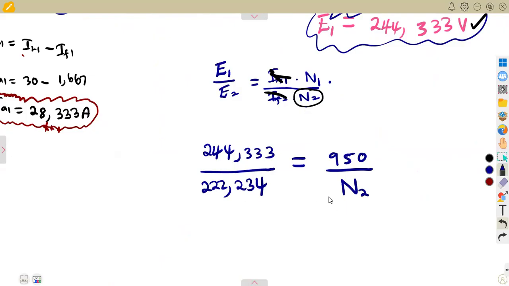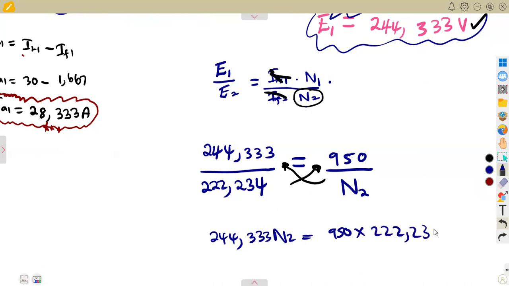You can even make it the subject before you do this. It's up to you. Cross multiply, divide. So this will be 244.333 times N2 is equal to 950 times 222.234. So definitely you're going to divide by this, both sides.